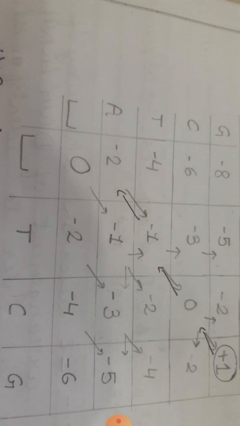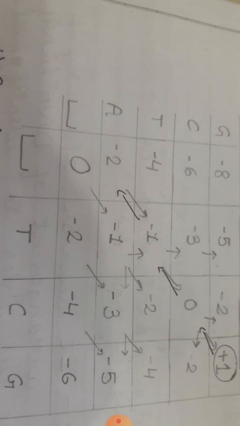Now when we return diagonally, we come to a box having a value of 0. Let's see from where this 0 value came. It again came from the diagonal box, so make an arrow in the diagonal direction. After that we came to a box having a value of -1. See from where this -1 value came. It again came from the diagonal box, so make a diagonal arrow.